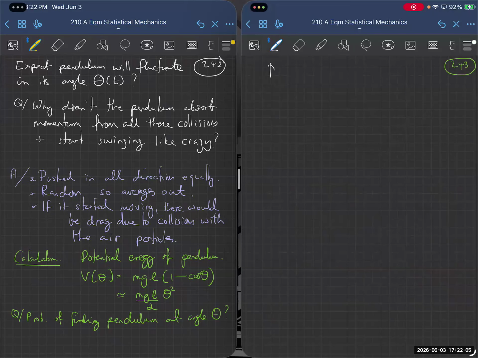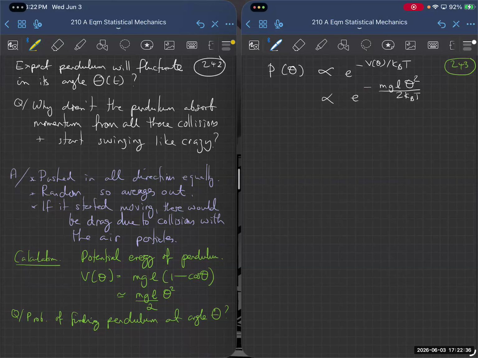So the probability distribution for theta is proportional to the Boltzmann factor, e to the minus V of theta over kBT, which goes like e to the minus mgl theta squared over 2kBT. So that's the probability distribution for theta. Okay, so that's the first thing we know.